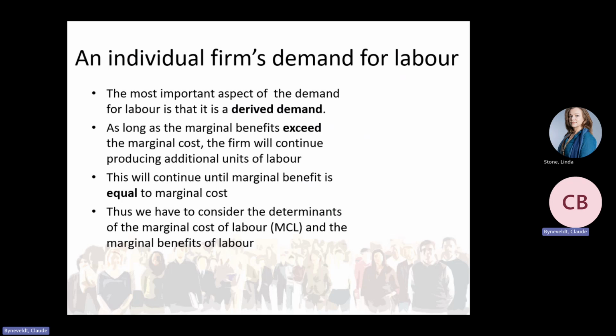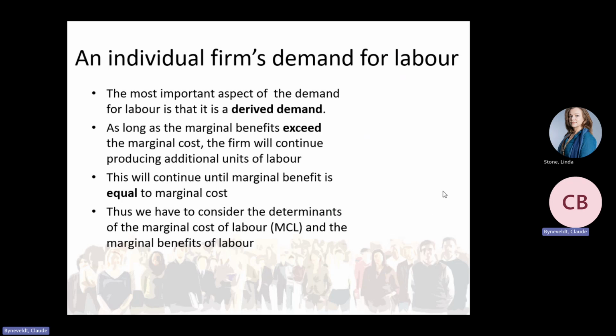Marginal is a very important concept in economics. As long as the additional benefit exceeds the additional cost of employing one additional unit of labor, one additional worker, the firm will then employ labor. The marginal benefits must always exceed the marginal cost.